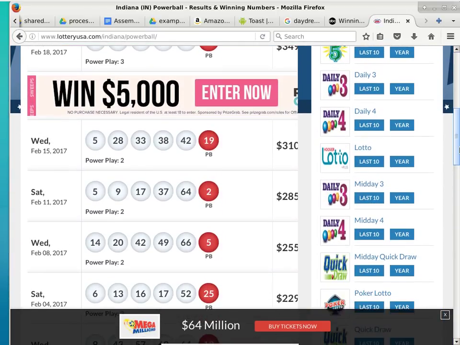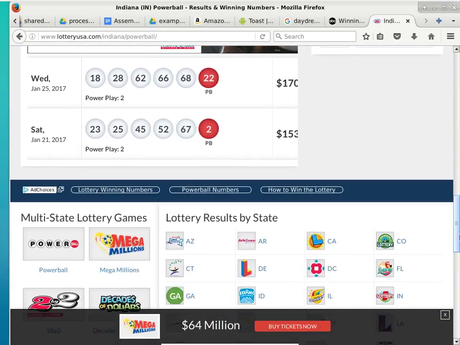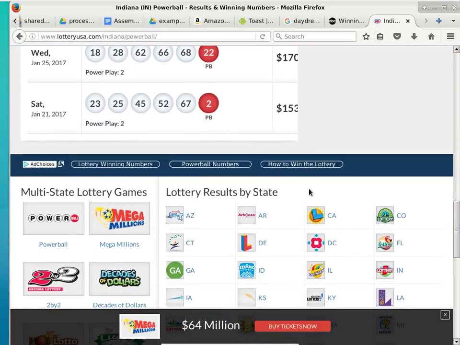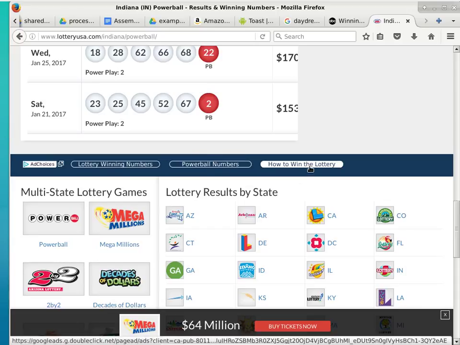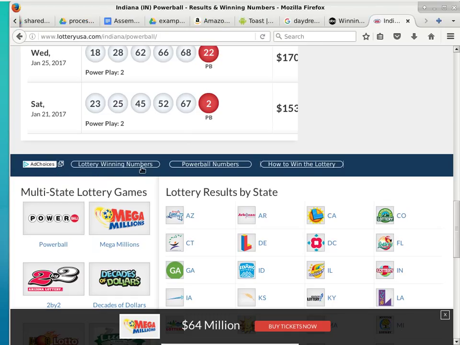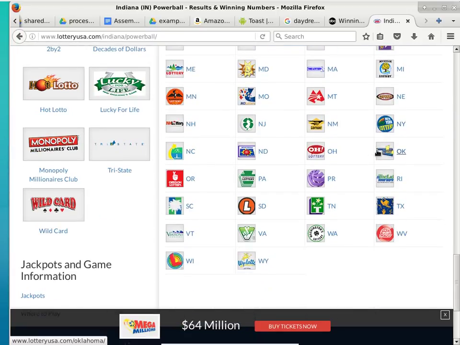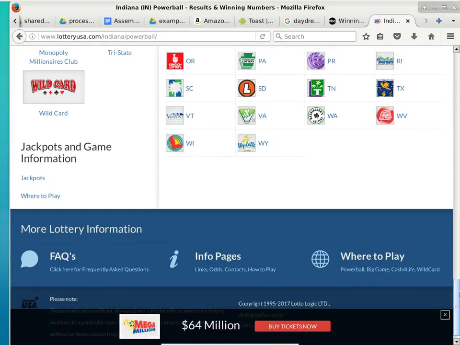And we want to look at the rules of the game. They have to disclose that somewhere. Powerball numbers, how to win the lottery. Yeah, that's an ad. I want to figure out the rules of the game.